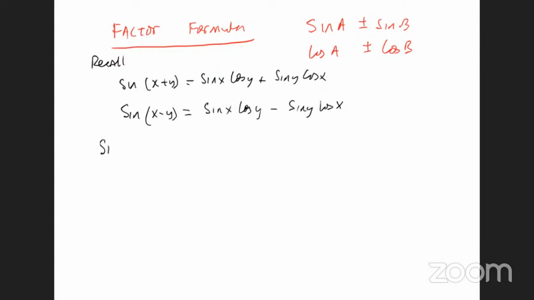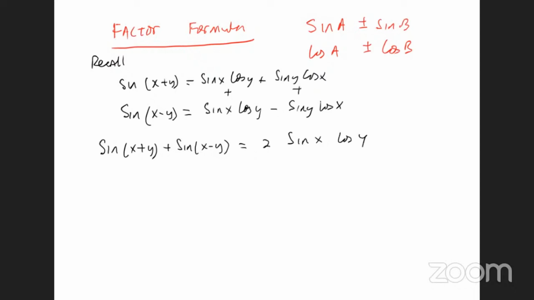Suppose we want to add these two now. Suppose we want to add sine of x plus y and sine of x minus y. When you add this, you will end up with 2 sine x cos y. When you add this, you'll get 0, right?